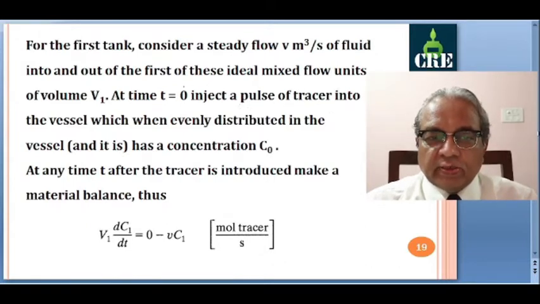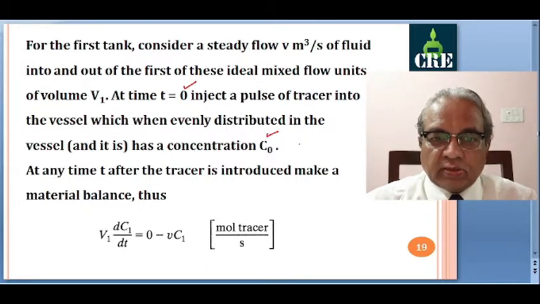We inject at time t equal to 0 a pulse of tracer into the vessel, which when evenly distributed in the vessel has its concentration C0. So at the instant we introduce this, we assume that it is evenly distributed at the concentration C0.